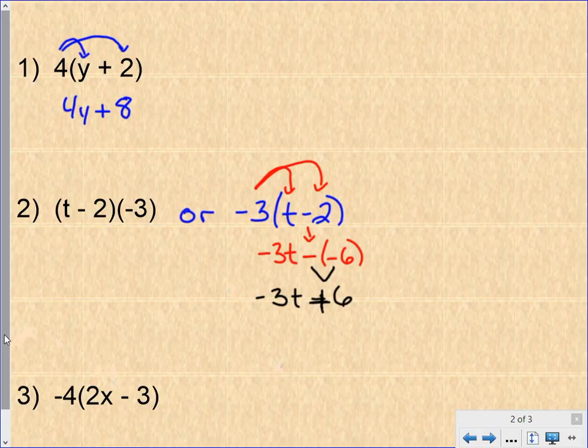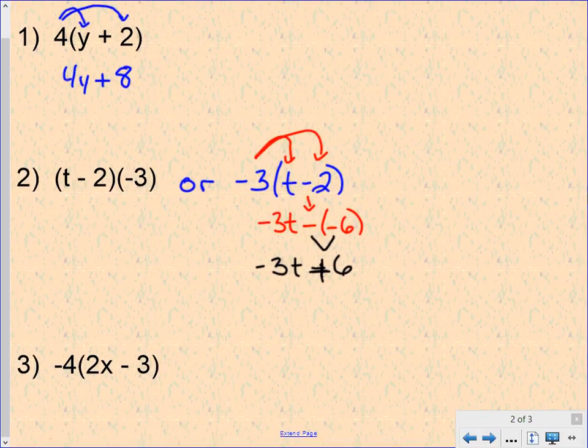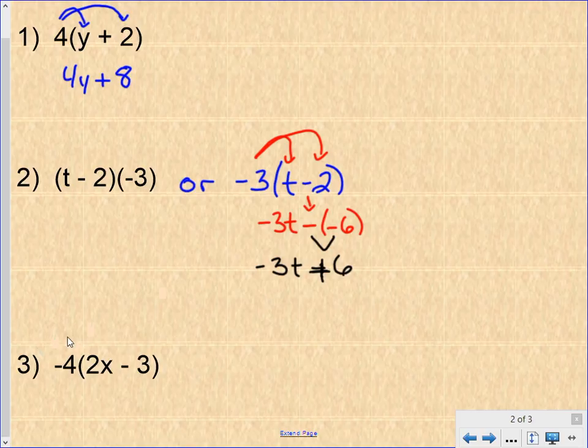On example number 3 here, it's the same thing again. I'm going to multiply negative 4 times 2x and negative 4 times 3. Negative 4 times positive 2x is negative 8x. Bring down the minus sign. Negative 4 times positive 3 is negative 12.